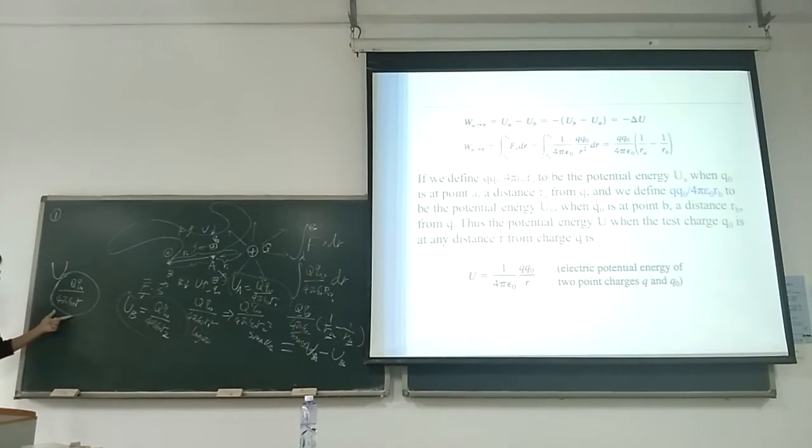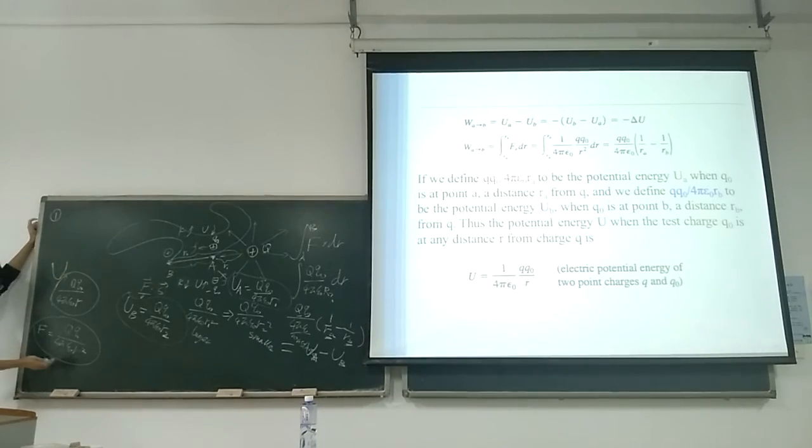You will find something interesting. Q Q0 over 4 pi epsilon 0 R. How about the force between large Q and Q0? The force is large Q Q0 over 4 pi epsilon 0 R squared, right? Can you tell the difference?